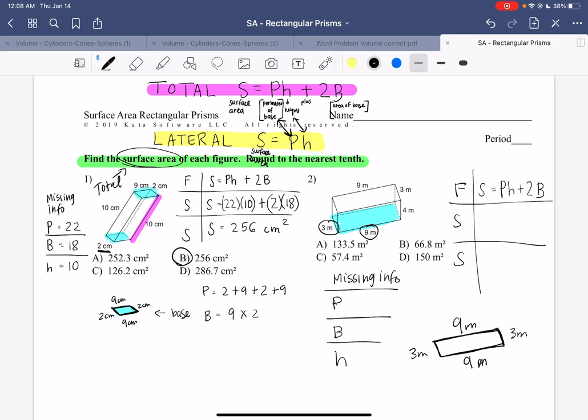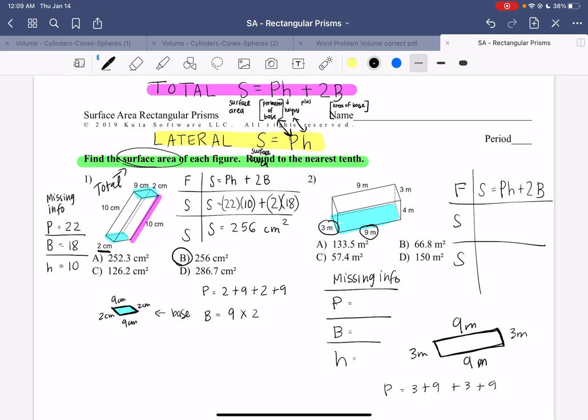So in order to find the perimeter of this base, so remember perimeter is all the way around, so our perimeter is going to equal, to find that we're going to do 3 plus 9 plus 3 plus 9, and I'm just doing it in that order just because if I was walking around the perimeter it would be 3 plus 9 plus 3 plus 9.